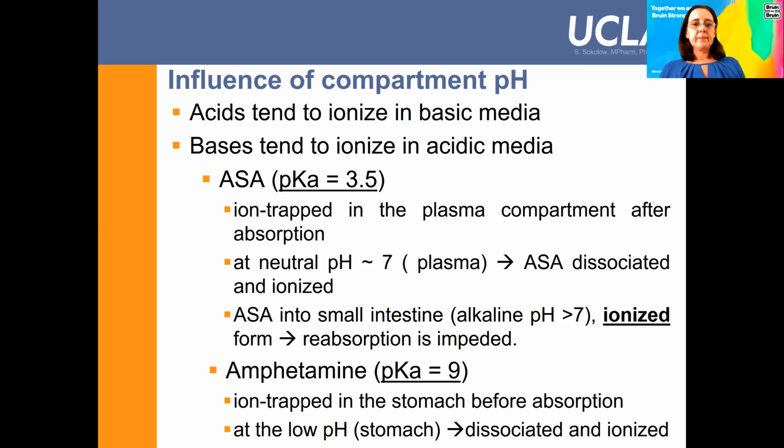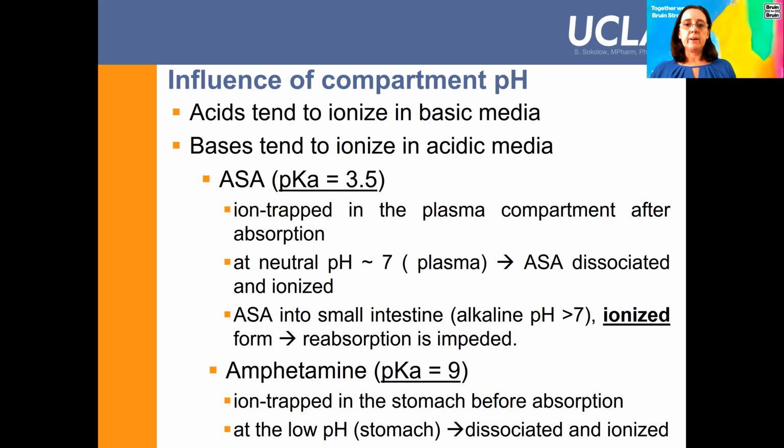And those concepts of ion trapping and ionization, as I said, are important, and these properties are actually used to favor the excretion of a drug in case of toxicity. You can modify the acidity of the urine to favor the excretion of, for example, amphetamine.